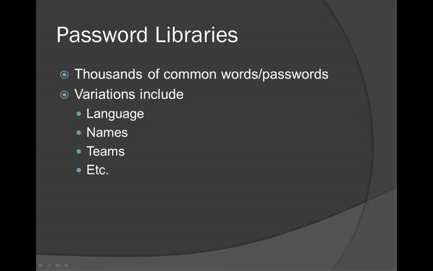Password libraries are basically some variant of a text document that has thousands upon thousands of the world's most common passwords. There are many variations of them that you can get, such as language, first names that are the most common first names in a certain year, sports team names, and so on and so forth.